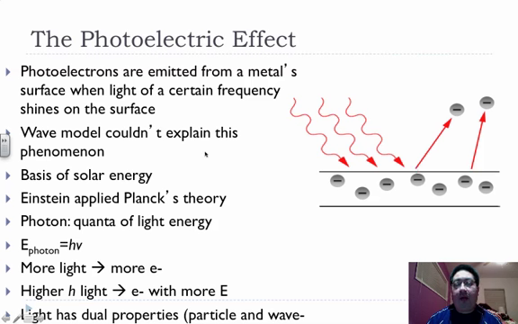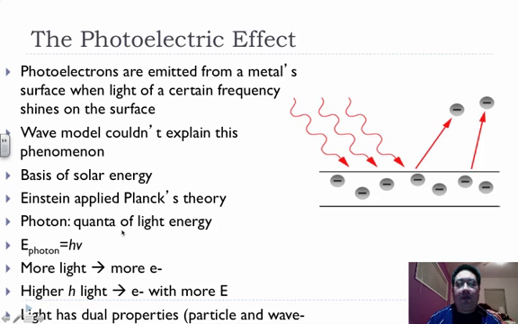The wave model by itself couldn't explain this, which is why the photoelectric effect is so important. If you think about it, this is kind of like the original idea behind solar energy, harnessing light from the sun to create electricity. It's basically the same idea, except now these electrons are carried by a wire to complete a circuit to charge a battery.